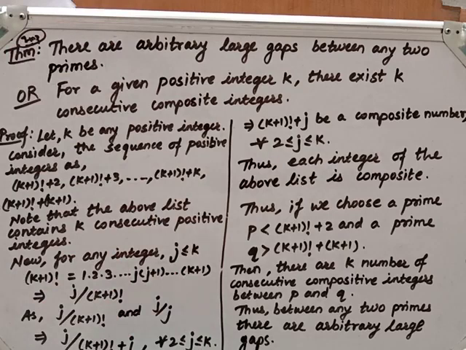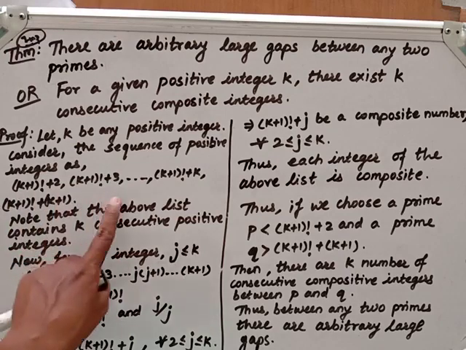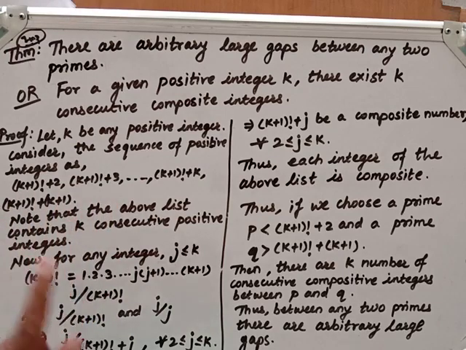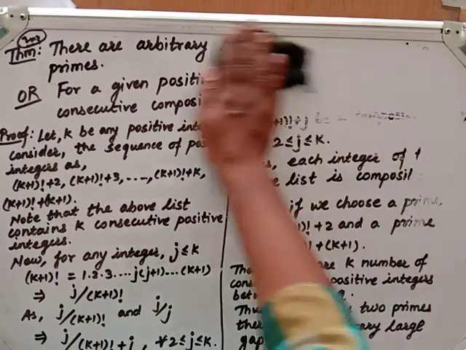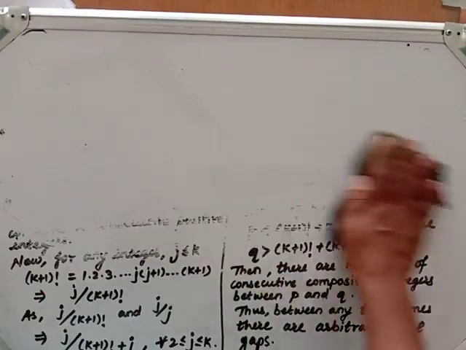Now let me write a remark from this. All these are composite integers. Let me take an example on the same one, but let us write the remark first.